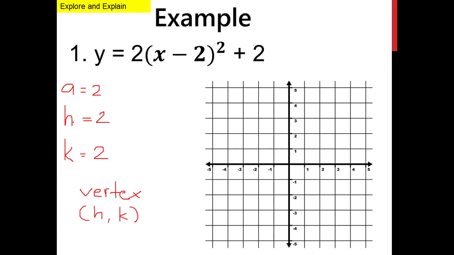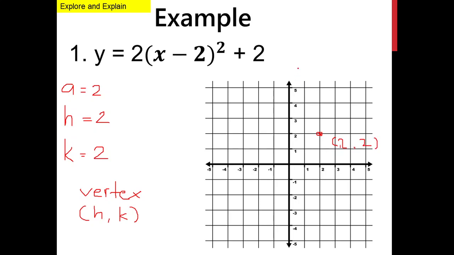So h is 2, it means the graph moves from its original position on the parent graph. So it moves 2 units to the right. So here, 1, 2. And then it also has a vertical movement, positive 2, so it moves upward, 1, 2. So this will be the turning point of our graph at (2, 2).